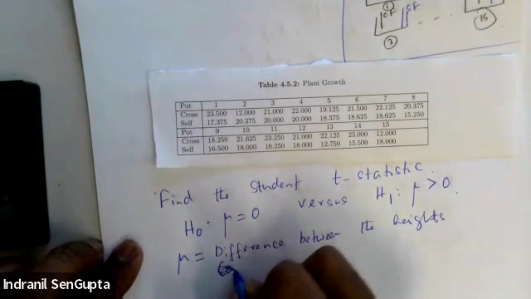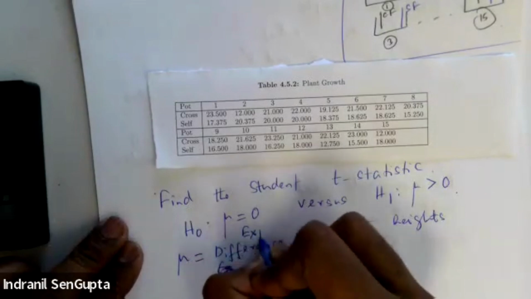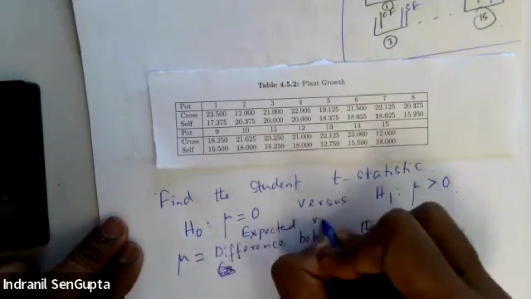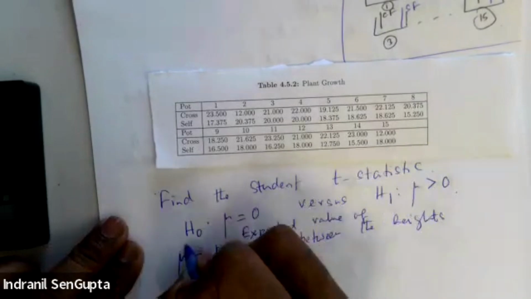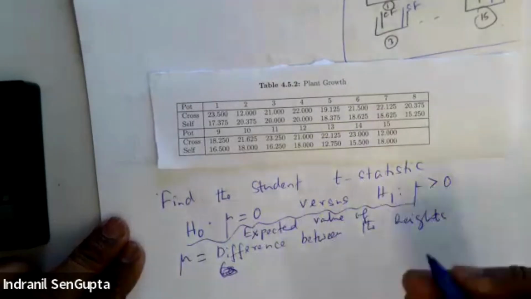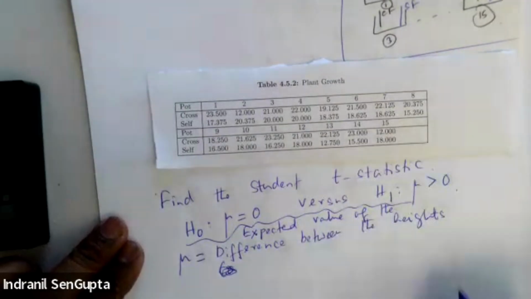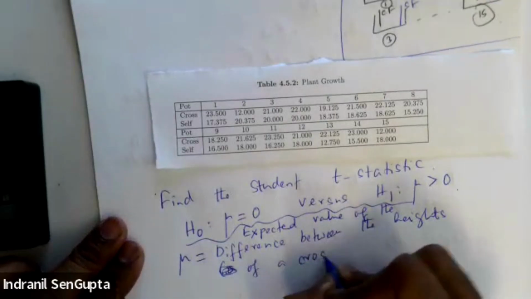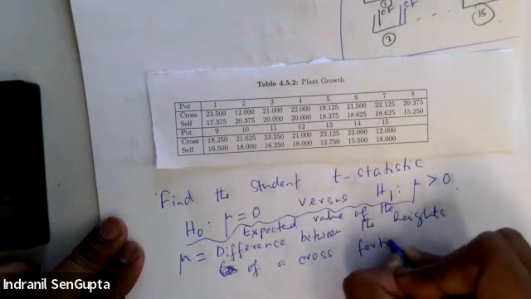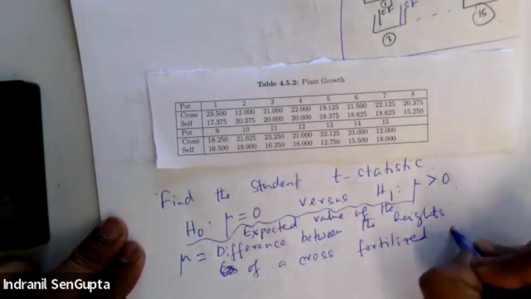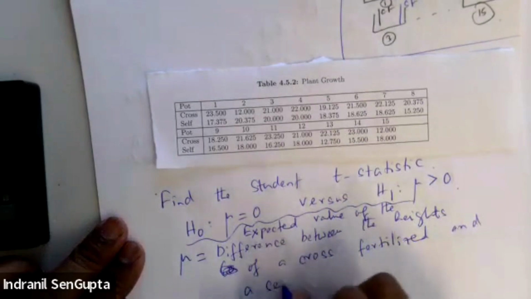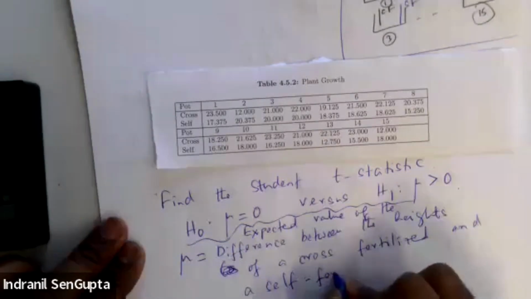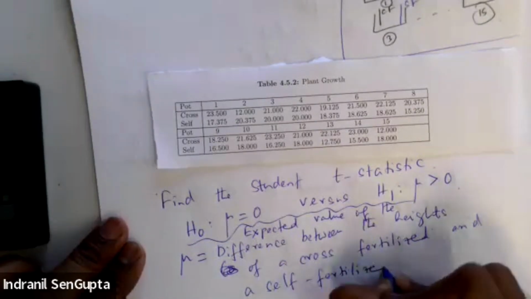the average difference, or expected value of the difference between the heights of a cross-fertilized and a self-fertilized plant.